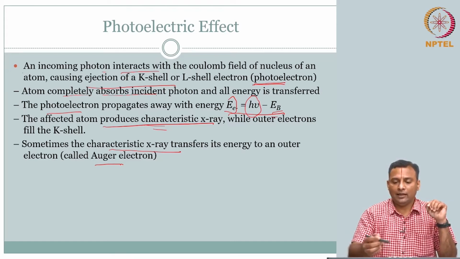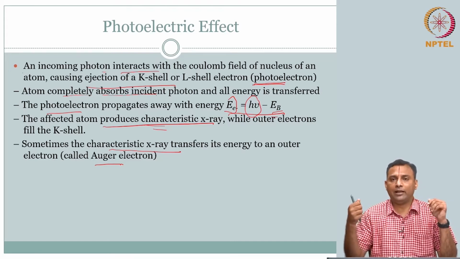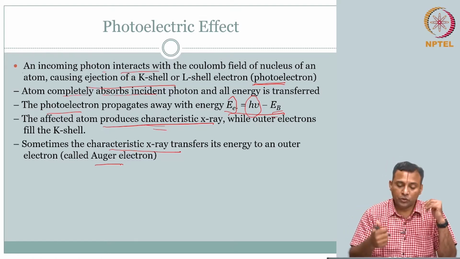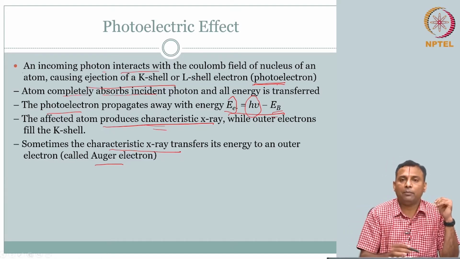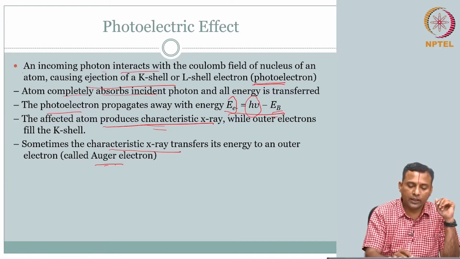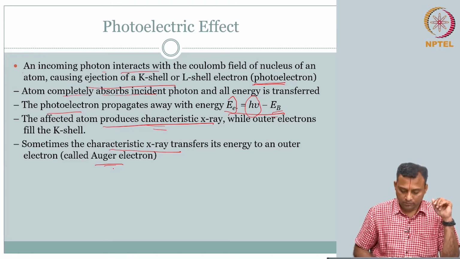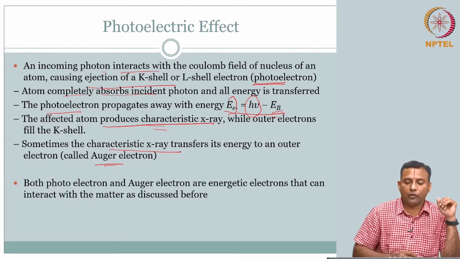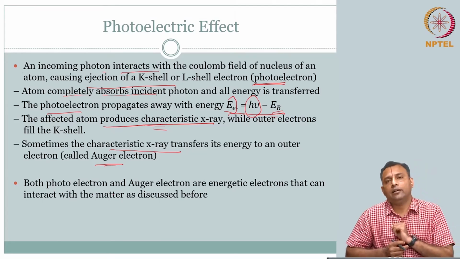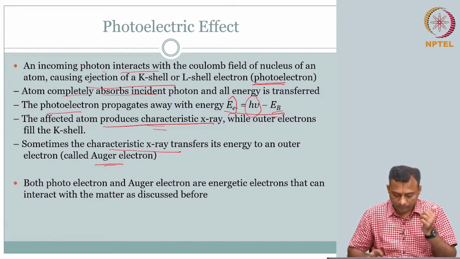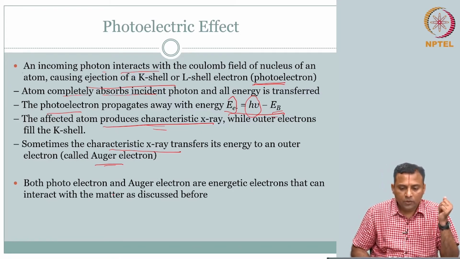The only thing is, even when we have electromagnetic radiation, an X-ray, interacting with tissue, you can get these particulate radiations. Here it is called an Auger electron. Essentially both Auger electrons and photoelectrons can interact with matter in ways that we already covered. Okay, that is good.